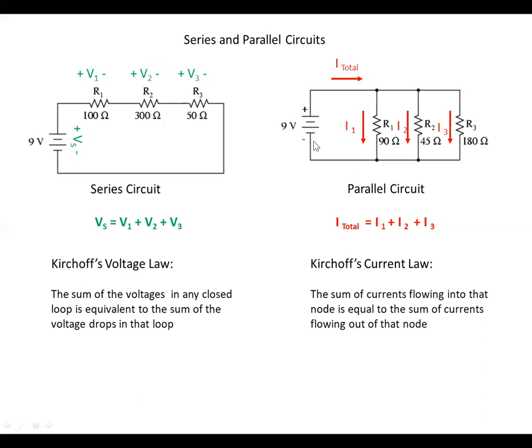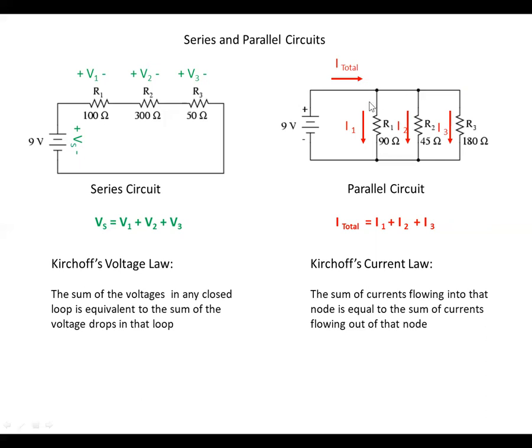What Kirchhoff is saying is that the current flowing into this node, this area here, is equal to the current that's flowing out. So let's say you pump 1 amp this way with this battery, you've got 1 amp going in, and the sum of these three currents is 1 amp. If you add them up, they're 1 amp. Because you can't store current in a node, it has to pass through.